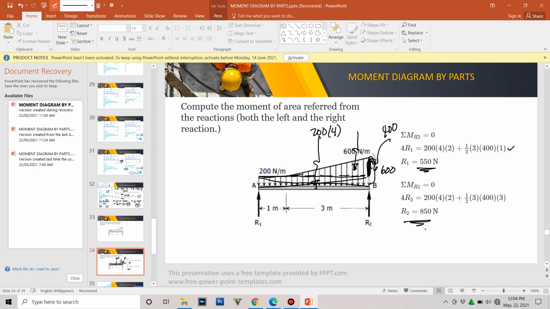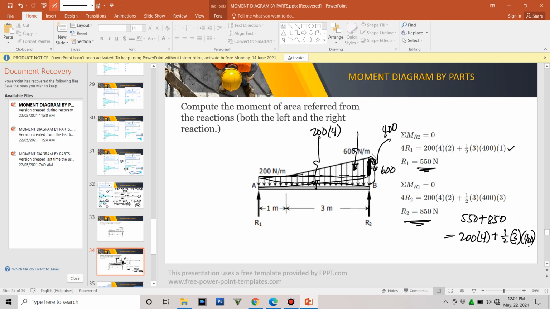So, it is important to check this one. Lahat ng pataas mo is 550 plus 850. Should it equate to lahat ng pababa mo naman? 200 times 4, tsaka tong ito, 1/2, anong base? 4, sorry, base of 3 times 400.